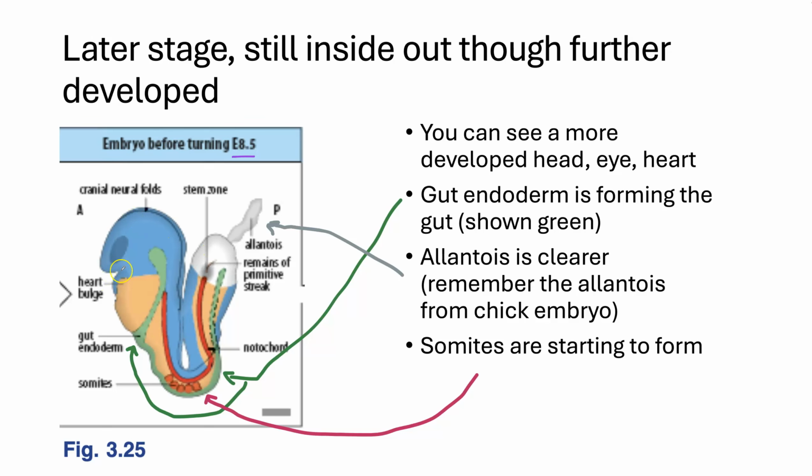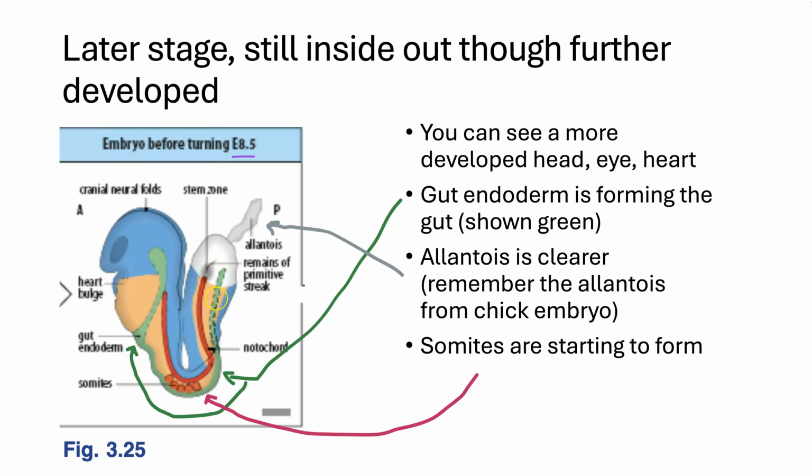Here's the developing eye. Mesoderm structures are shown in this pale brown to distinguish them from the notochord, which is shown here in red, and the somites that are also shown in red here. And the somites are starting to form. The gut has also started to form.